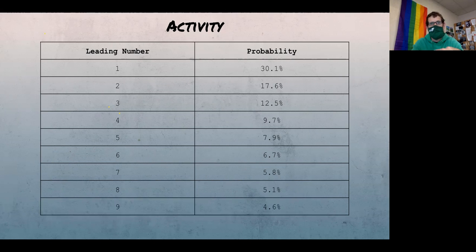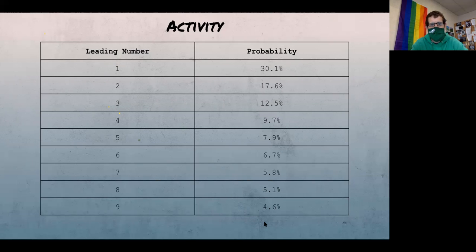But if it can go between 0 and infinity, and you pick any random numbers, then approximately 30.1% of them will start with a 1, 17.6% are going to start with a 2, and so on.